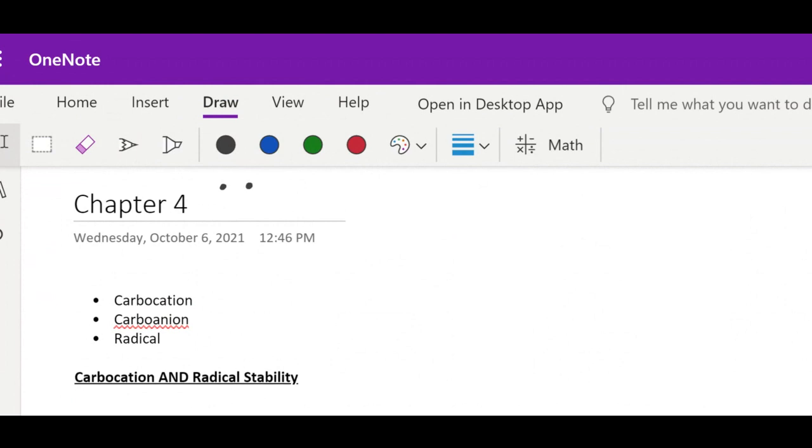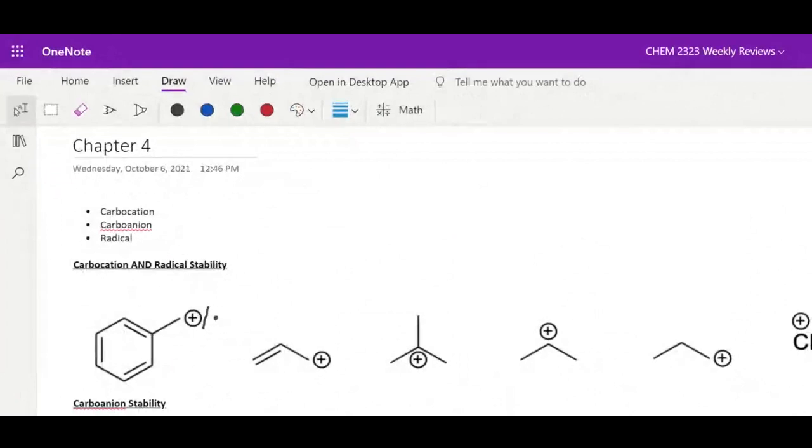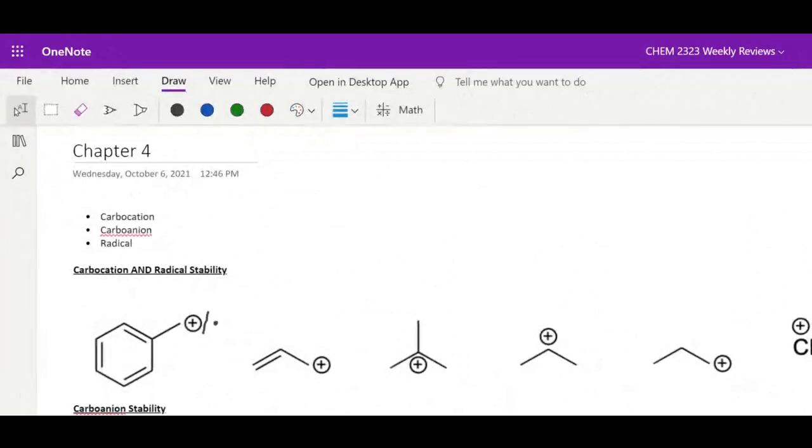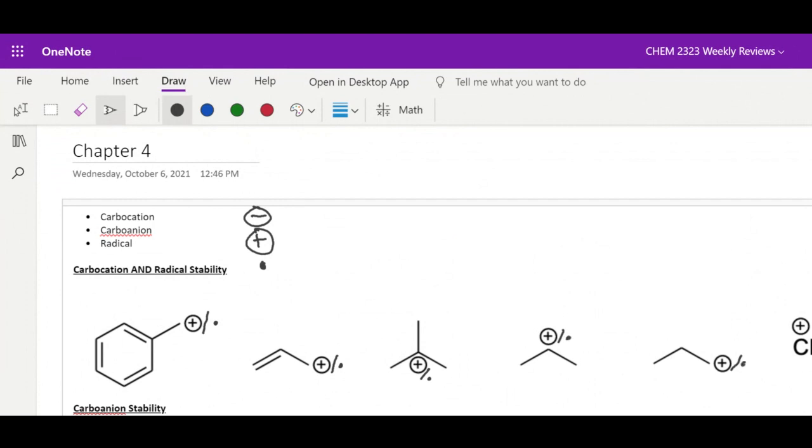So this is a carbanion, this is a carbocation, and this is a radical. Okay? So next to each of these carbocations, I'm going to draw a radical. Okay, hopefully that won't be too confusing.